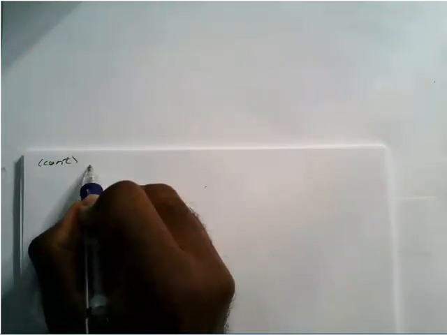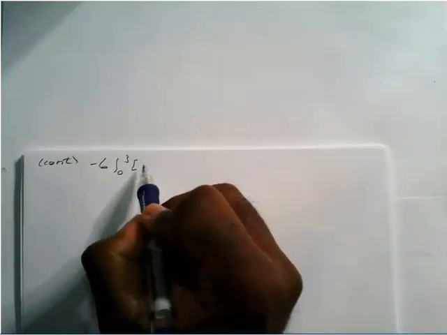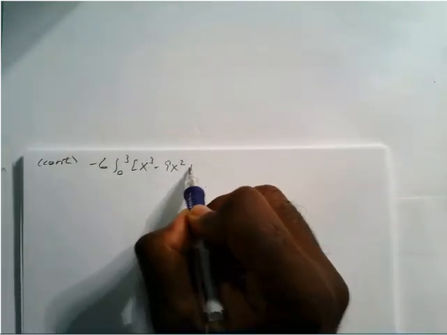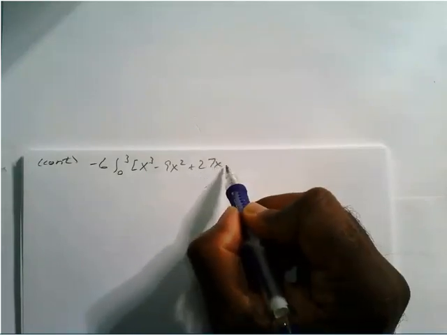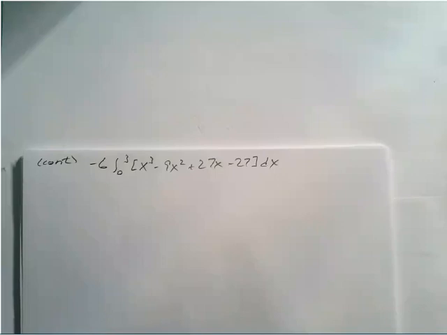All right, so if we continue here, remember we started off with negative 6 times the integral from 0 to 3 of x to the third minus 9x squared plus 27x minus 27 with respect to x.